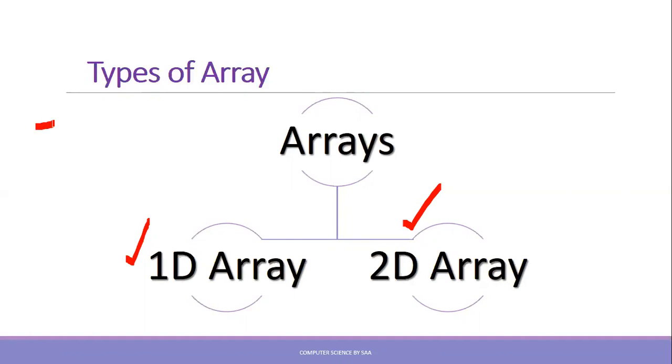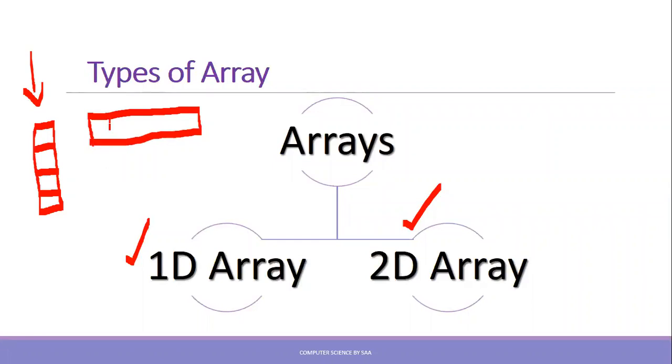If we represent an array in the form of a diagram, this is the 1D array, which contains only one column or one row. A one-dimensional array cannot contain more than one row or one column. These are two separate one-dimensional arrays. Arrays basically store the list of variables at consecutive memory locations.